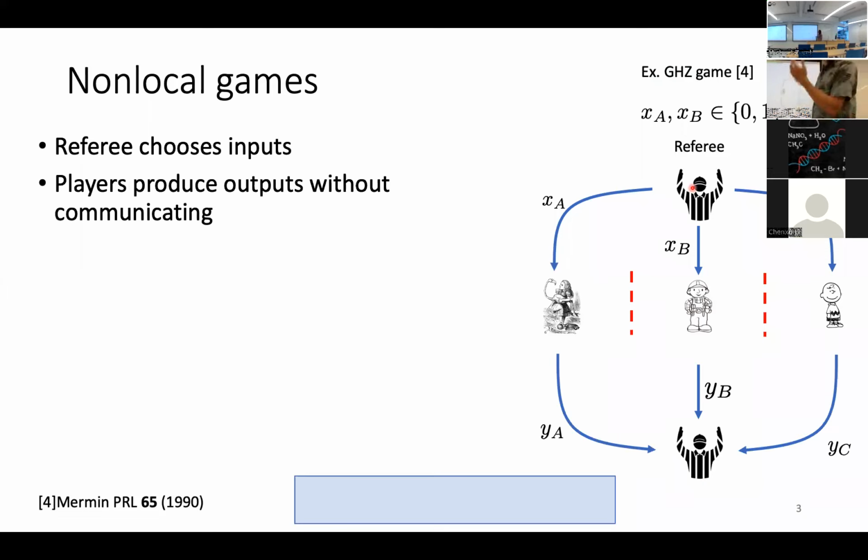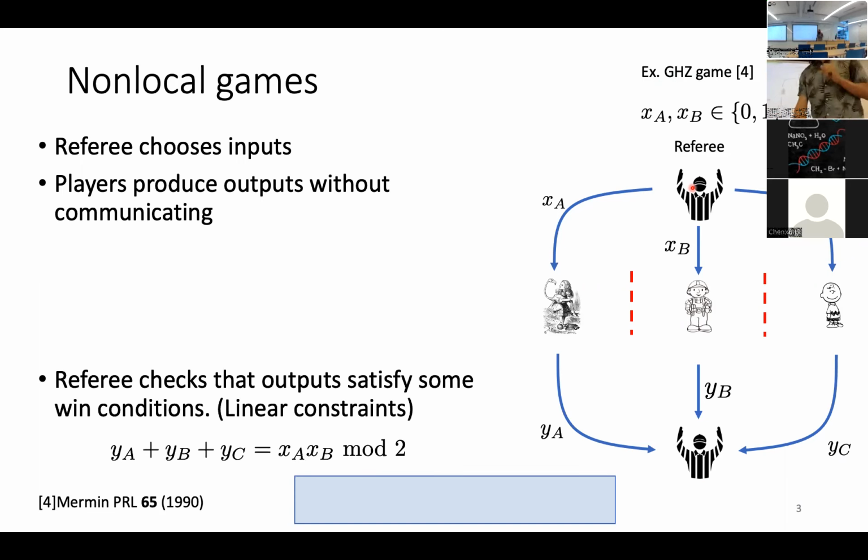Without communicating, which is what these little walls between Alice, Bob, and Charlie are supposed to represent, they must produce outputs, right? After they produce their outputs, the referee will check that their outputs satisfy some system of linear equations, right?